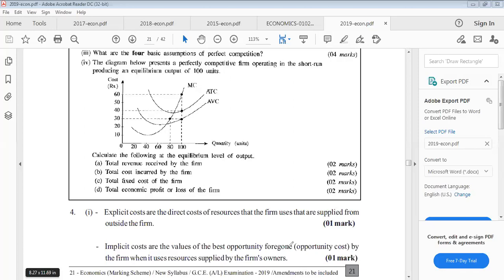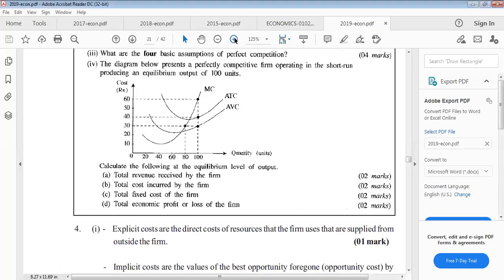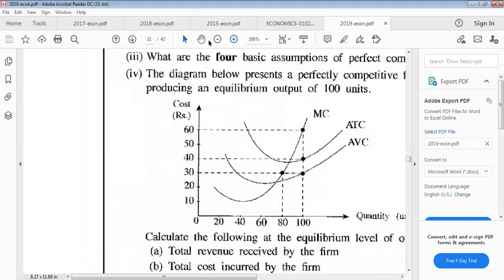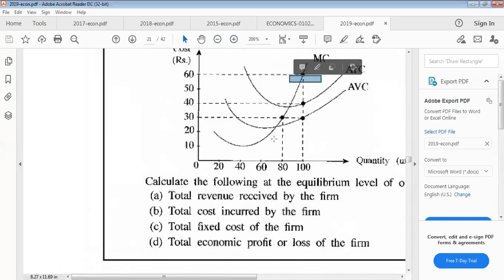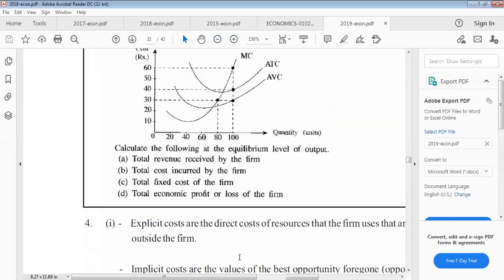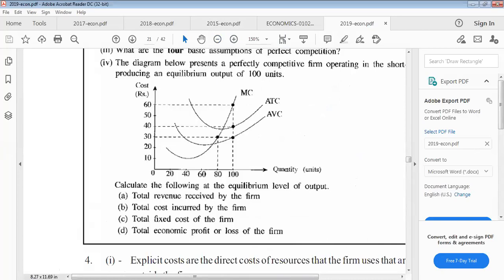See this, this is a 2019 paper question. In 2019, the diagram below presents a perfectly competitive firm operating in the short run, producing an equilibrium output of 100 units.